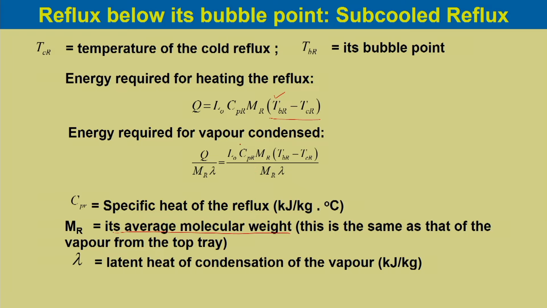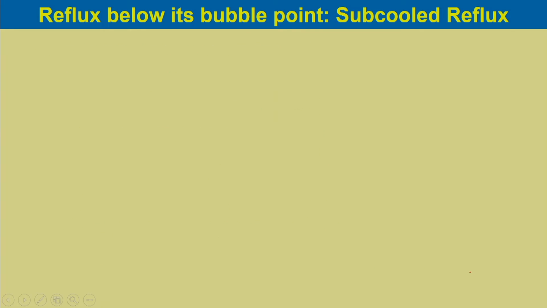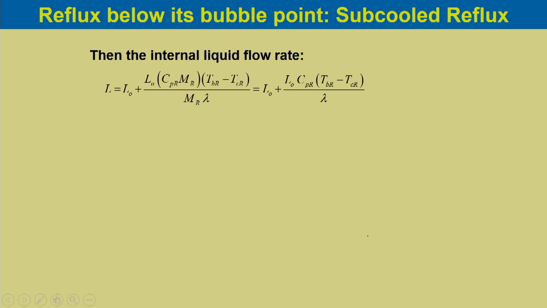So, this is basically the liquid which will increase. This is the liquid due to the condensation of the vapor, this much liquid will increase. So, then the internal liquid flow rate we can calculate: L is equal to L naught plus L naught CPR into MR into TBR minus TCR divided by MR lambda.